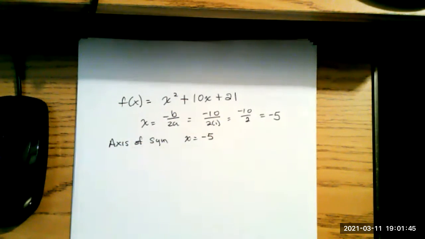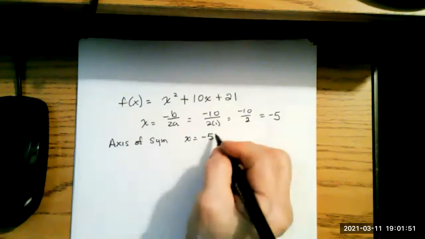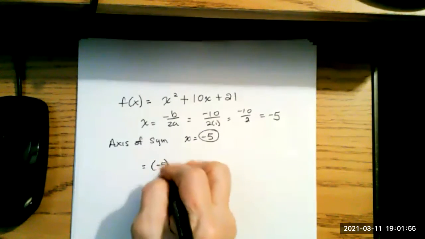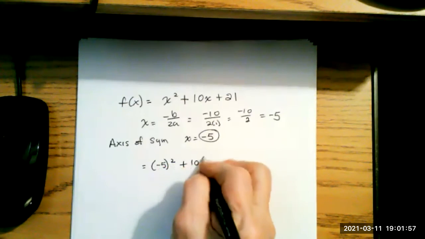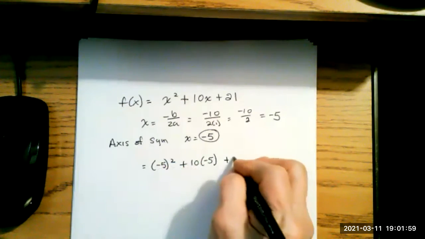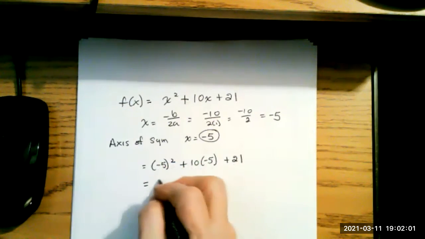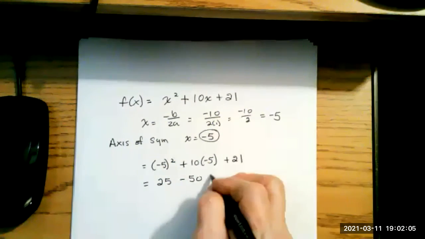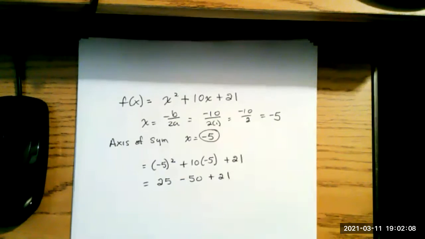If I wanted to know what my other value is, I could stick this in for x. I have negative 5 squared plus 10 times negative 5 plus 21. Let's see what the y value is. 25 minus 50 plus 21. That's negative 25 plus 21, negative 4.